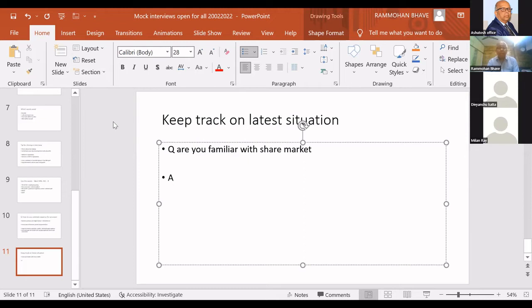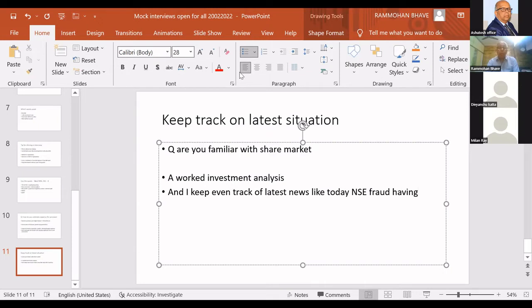That I had worked on investment analysis and I even keep track of the latest news, like today NSE fraud, having some Mahaguru was in limelight.